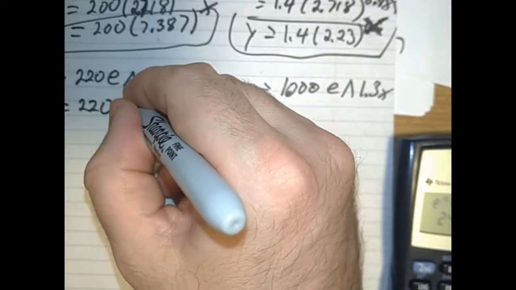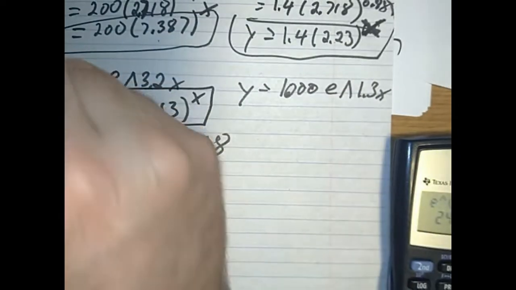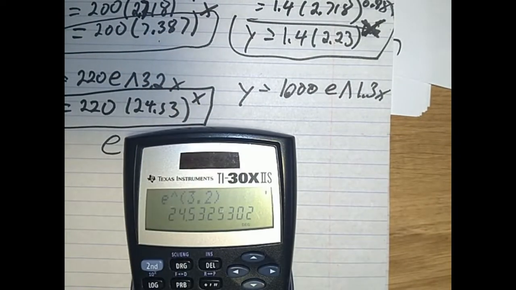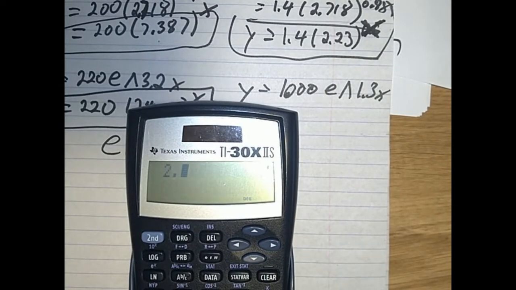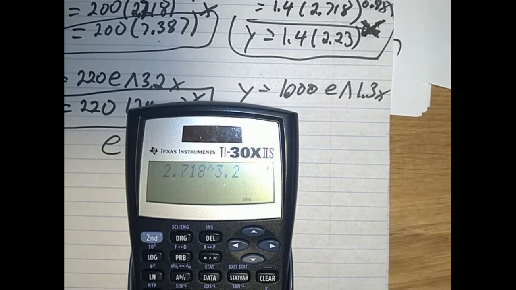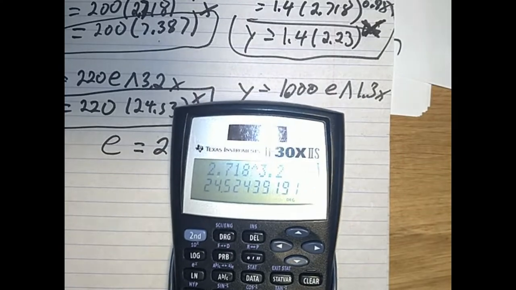So bracket 24.53 to the x, and there's my equation. And if you used 2.718 to the exponent 3.2, you should get very similar, 24.52, a little bit off, but that's okay.